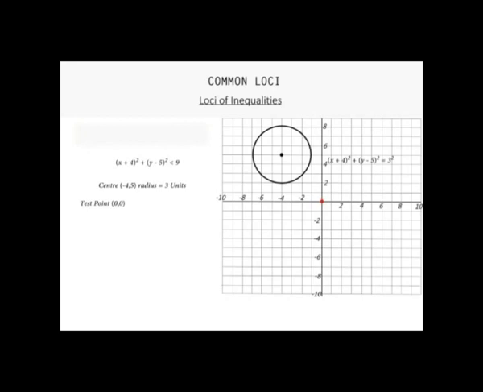If it doesn't, we shade the entire region outside the circle. (0 + 4)² + (0 − 5)² is less than 9. 16 plus 25 is less than 9. 41 is less than 9. That is not true, and so we shade the outside of the circle, because the outside of the circle falls within the unrequired or unwanted region.